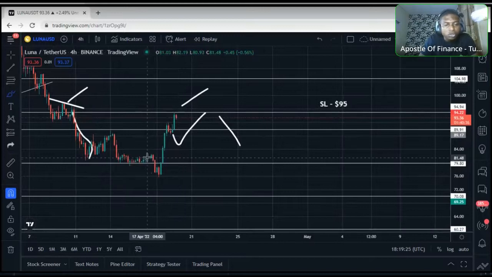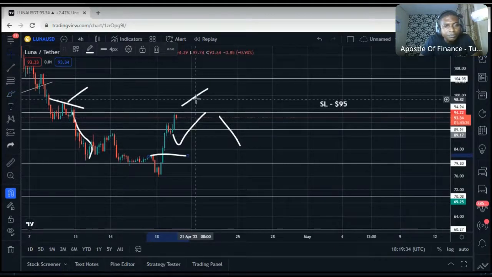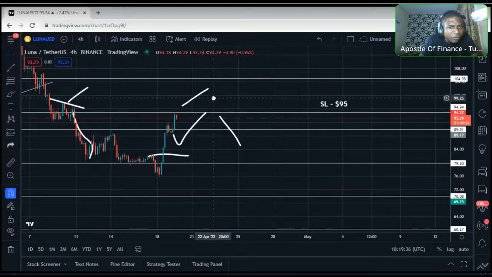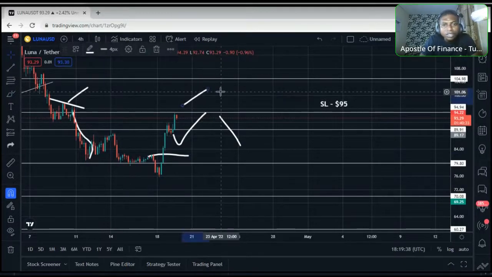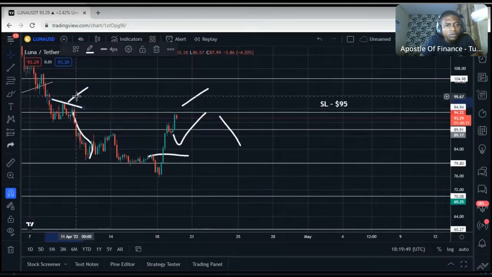So if you look closely here, you will discover that, I want to delete all this stuff so that you can have space to see what's going on.